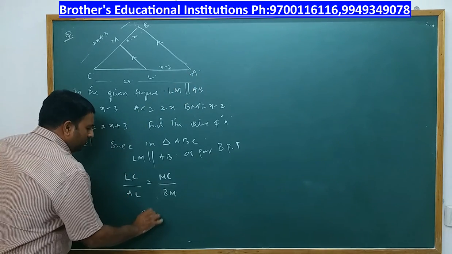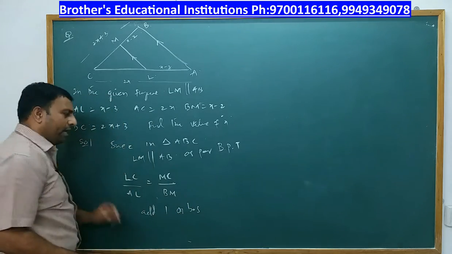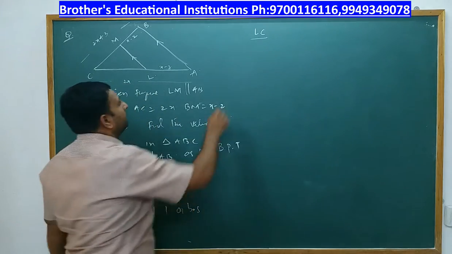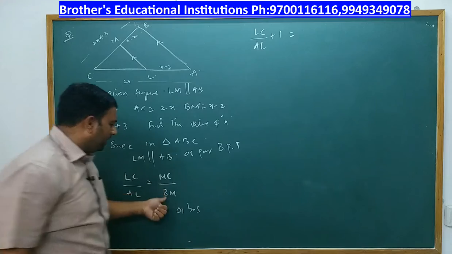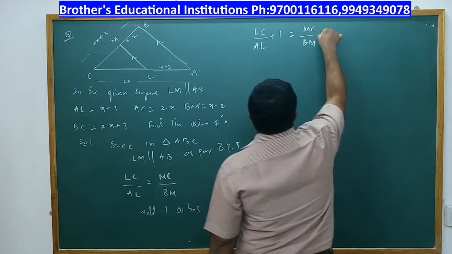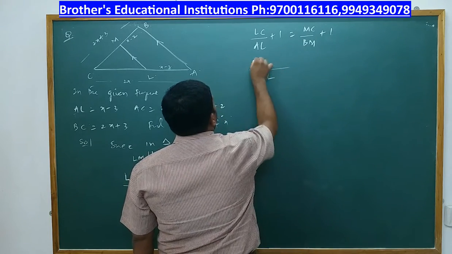A small trick here. You will say add 1 on both sides. Only through experience you will get that idea. So LC by AL plus 1 is equal to MC by BM plus 1. Now what is the LCM? LCM is AL.